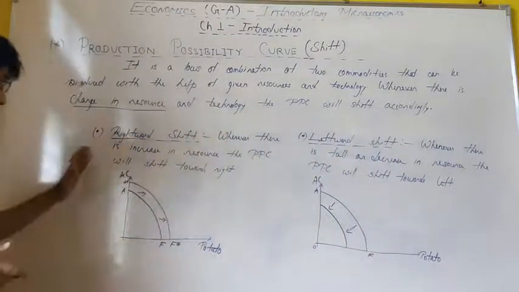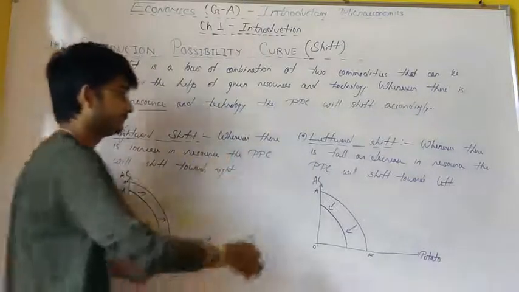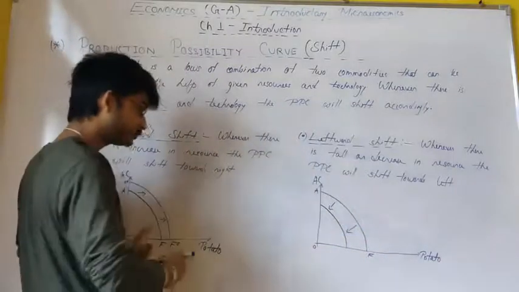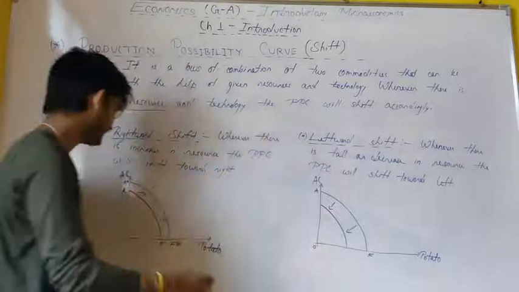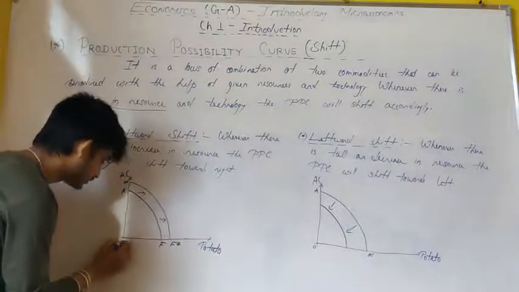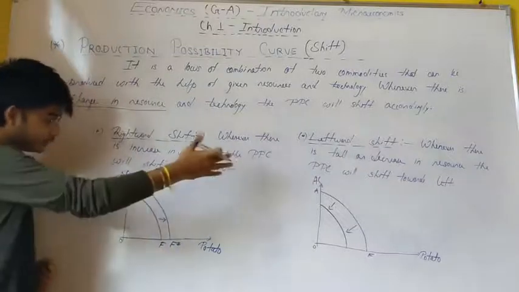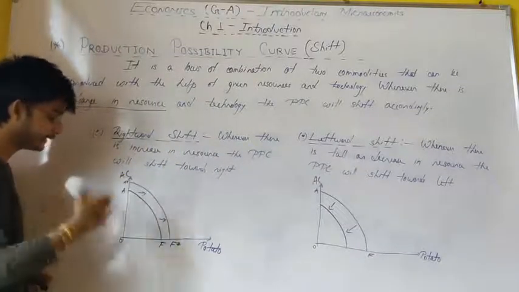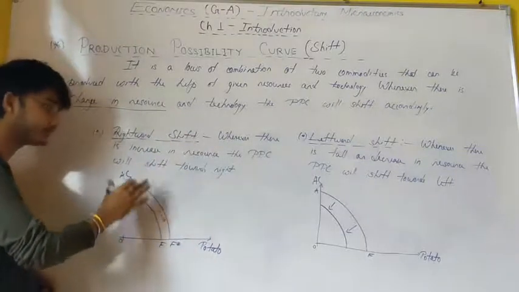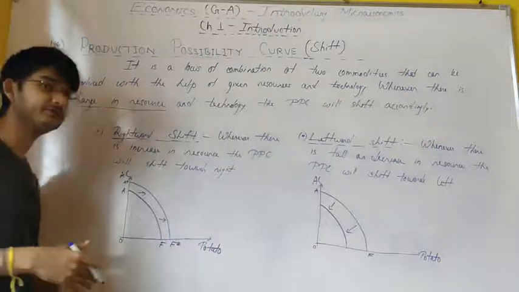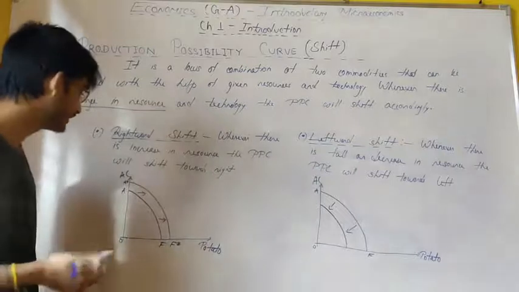In the rightward shift, the PPC shifted to the outer side, but here the PPC has shifted to the inner side. It will be much closer to the origin, and, sorry, I forgot to give the origin here. In the rightward shift, the PPC goes further away from the origin, and the further away from the origin, the higher the level of production.